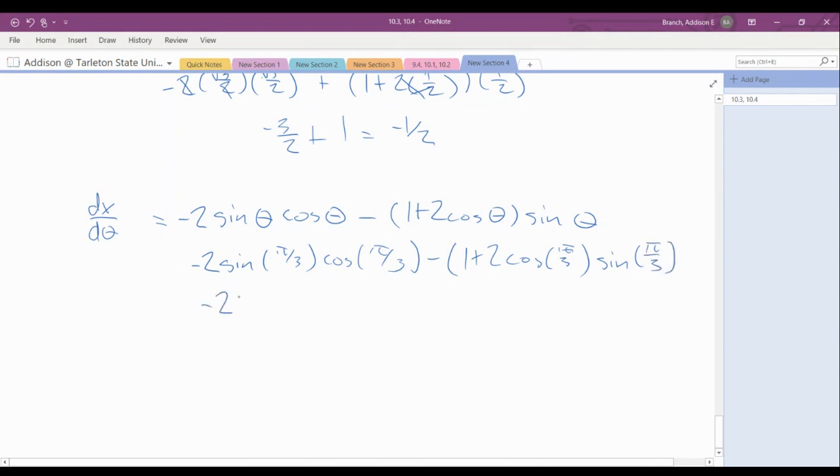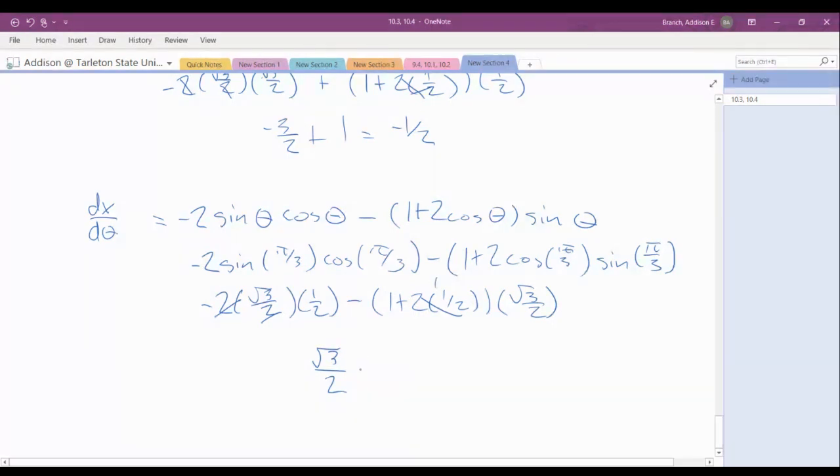We're going to get negative 2 times square root of 3 over 2 times 1/2 minus, we're going to get 1 plus 2 times 1/2 times square root of 3 over 2. If we clean this up a little bit, we can cancel out one of these 2's to where we get square root of 3 over 2. And over here, 2 times 1/2 will go down to 1.